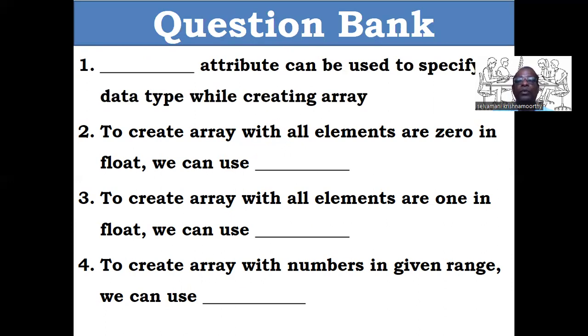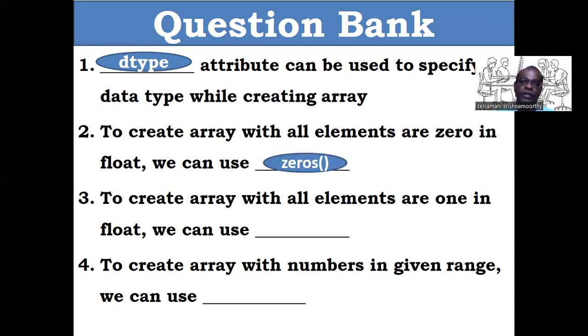Let us proceed with the question bank. Please try to answer question number 1. Dash attribute can be used to specify data type of the element while creating array. Which attribute is used? Very good. The dtype attribute. Try to answer the second question. To create array with all elements 0 in float, we can use dash function.